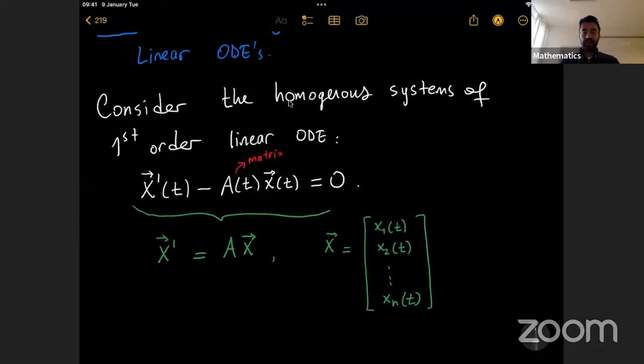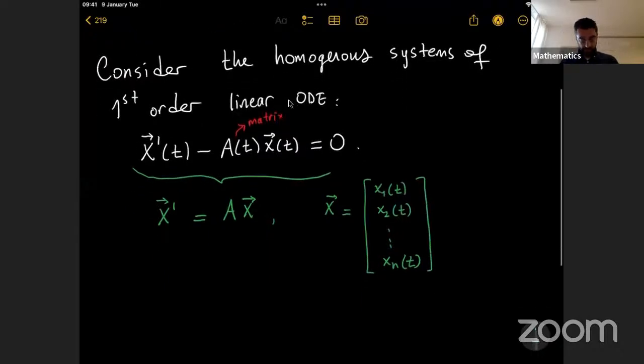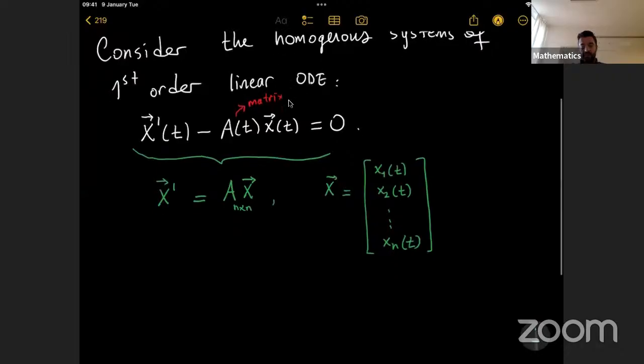This gives you n equations. Here A is an n by n matrix, and we get n equations in this system.